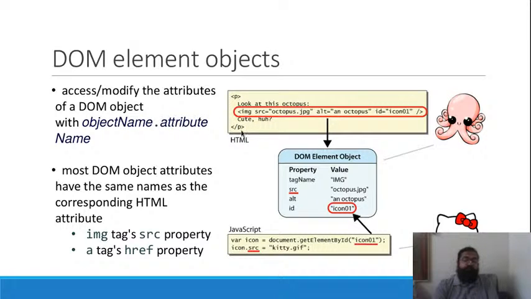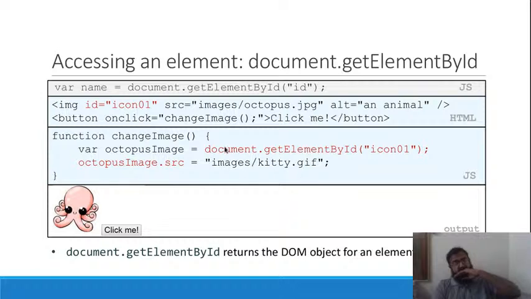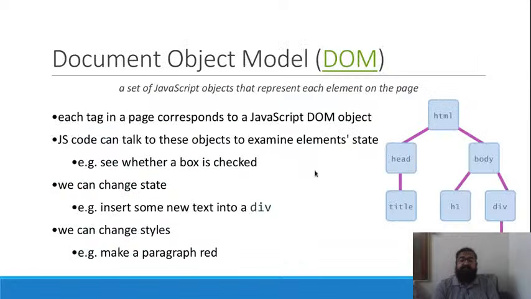This is the HTML. Now when you look at the DOM element object, you will have property-value pairs. The tag name is img, and the source is octopus.jpg. Earlier, when we were looking at the previous example, I have gone back two slides, the source was mentioned as images/octopus.jpg and images/kitty.gif.